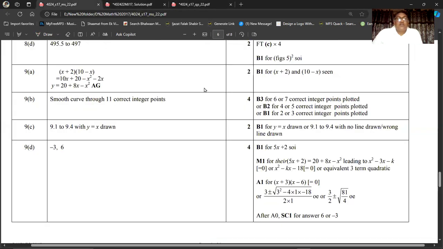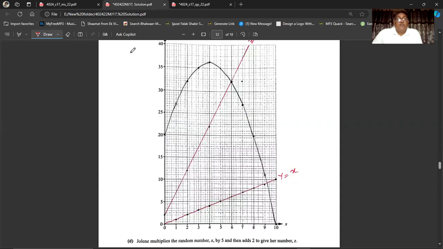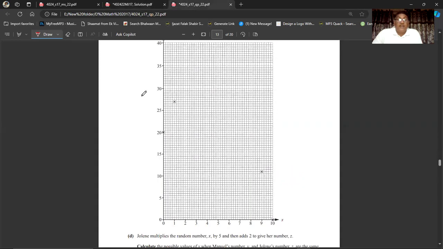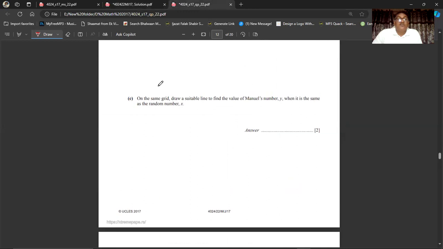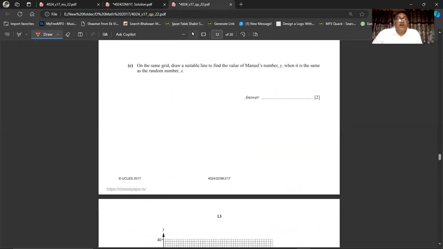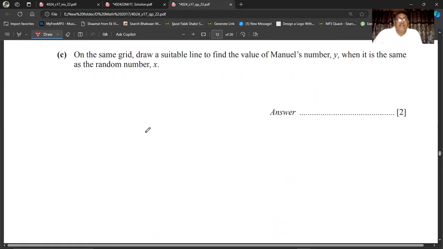Okay, so we are done with the graph in question number 9. Now the next part. They ask us to draw a suitable line on the same grid to find the value of Manuel's number y when it is the same as the random number x. So basically, what does this sentence mean?